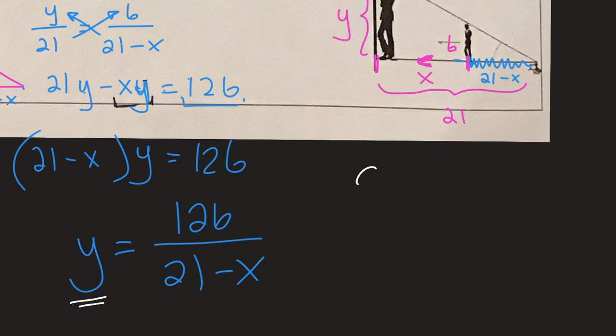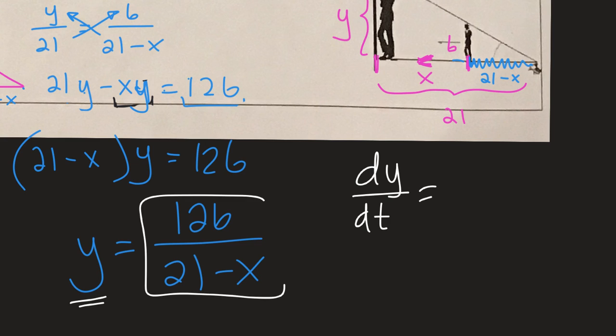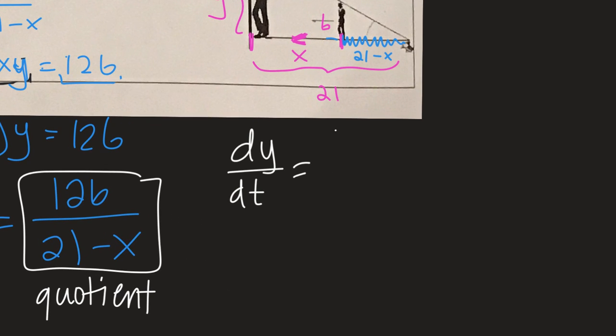Okay, so now let's implicitly differentiate this formula with respect to time. So this becomes your dy/dt, and over here we're going to use the quotient rule. Okay, watch, it's not so bad. Things cancel out. So low d high, 21 minus x times 0, the derivative of 126 is 0, minus high times the derivative of the low.